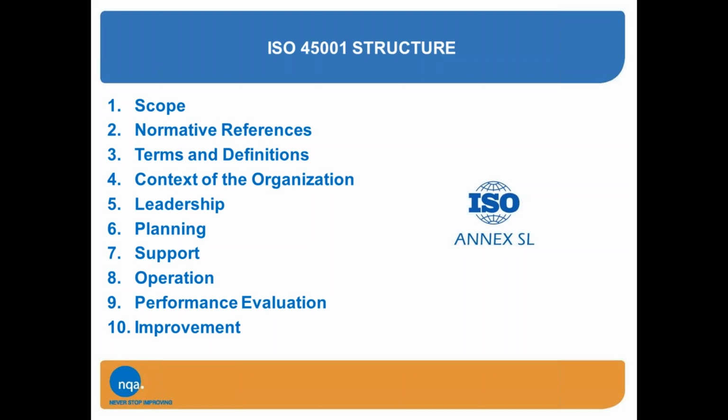In the 45001 structure, the first three elements, scope, normative references, and terms and definitions, refer to the standard itself, describing what the standard is trying to achieve, the normative references, and the terms and definitions used within. The parts that apply to the organisations that subscribe to ISO 45001 are the context, leadership, planning, support, operation, performance evaluation and improvement, sections 4 to 10 inclusive.